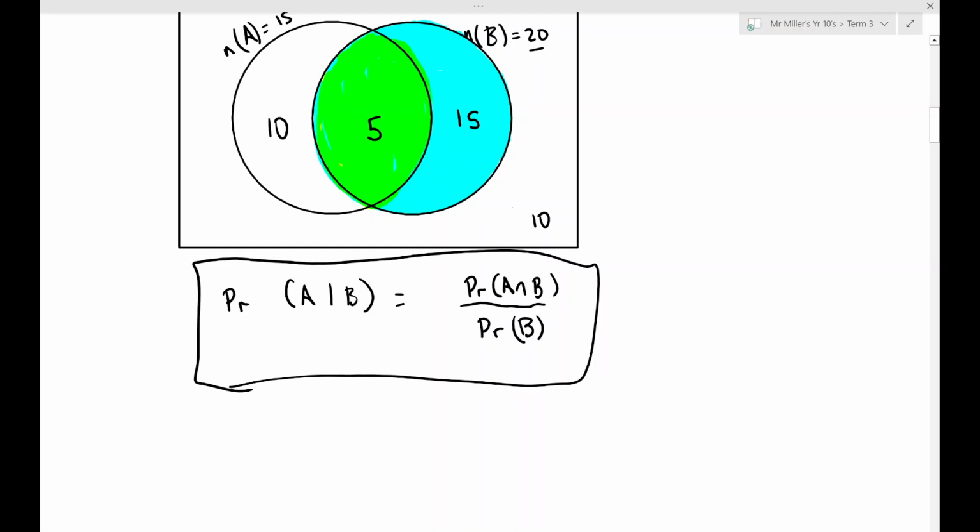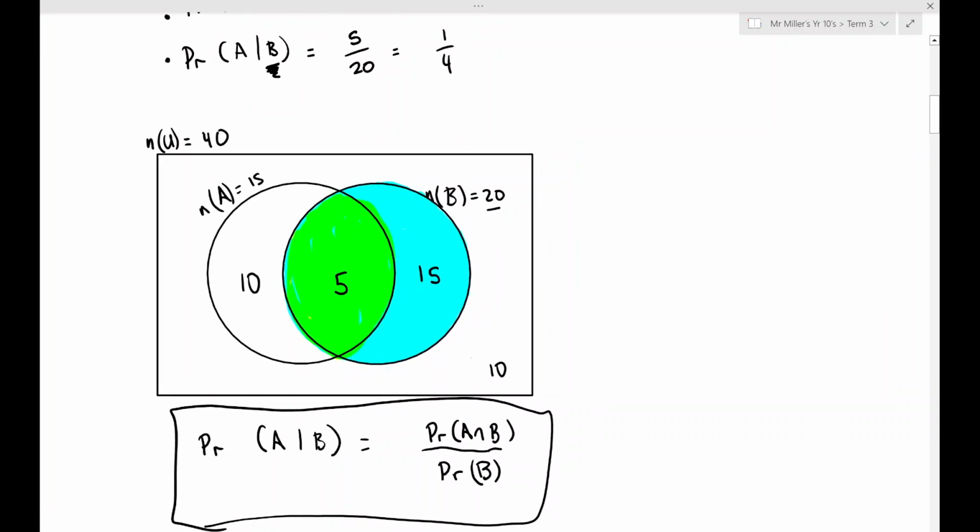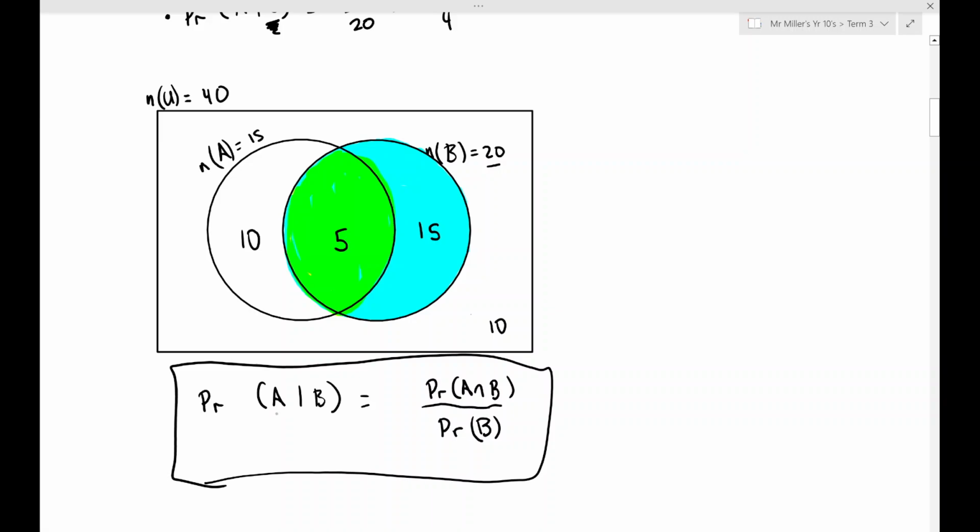That's a generalized formula for conditional probability. A given B, A under the condition we are also B, is going to be the intersection of A and B over B. And that's what we looked at here, isn't it?